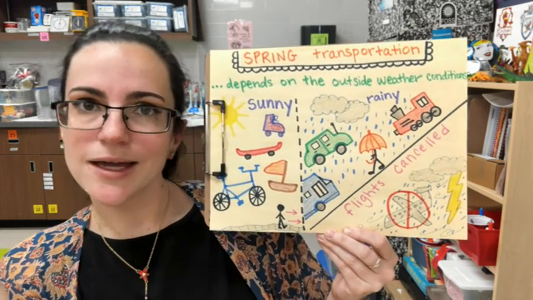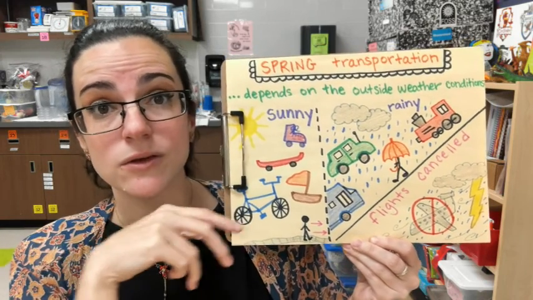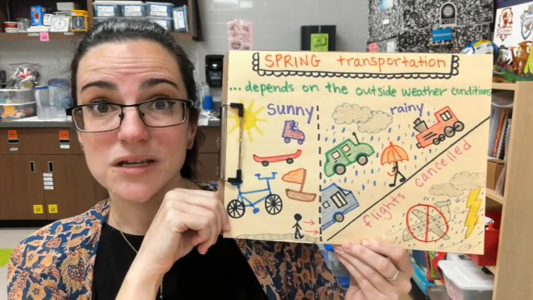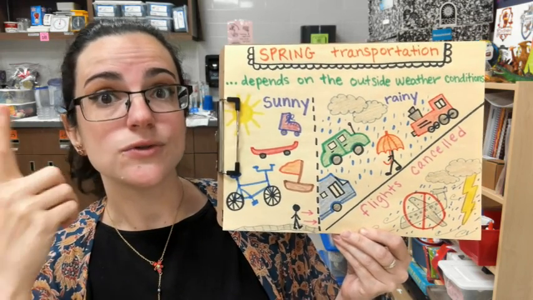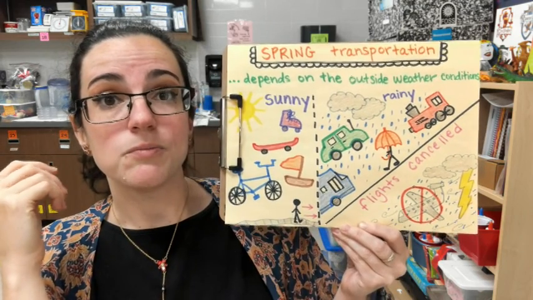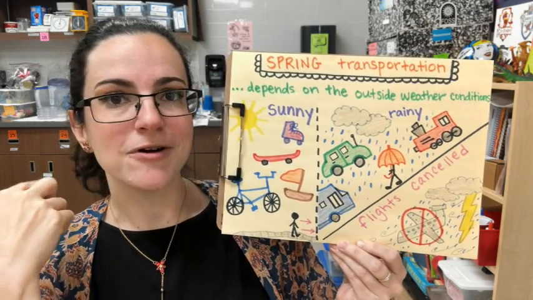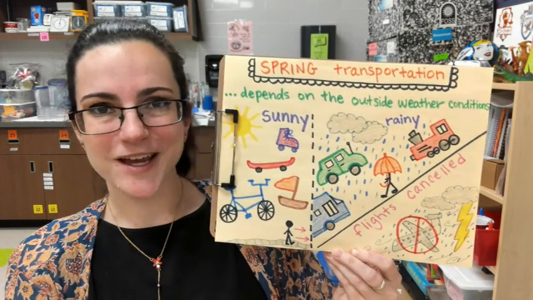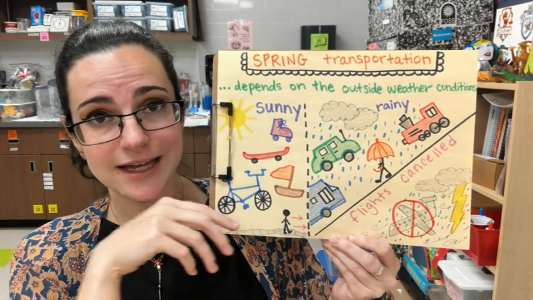It's not like you can't, but if you don't want to get soaked and possibly run the risk of getting sick from being wet, then you might need to use some of those types of protective clothing that we discussed to keep you dry. So you might have to grab an umbrella or your rain boots or a raincoat if you choose to go walking outside on a rainy day.